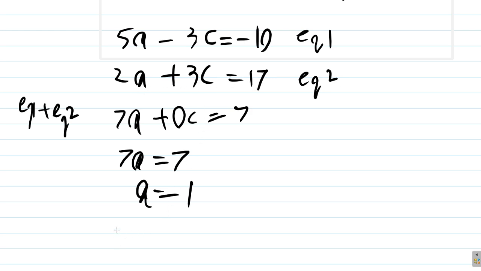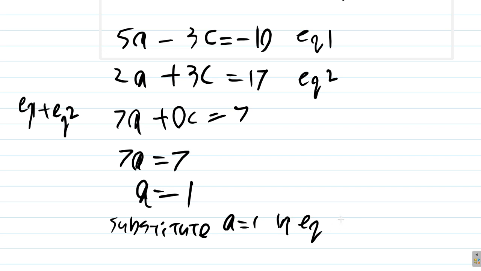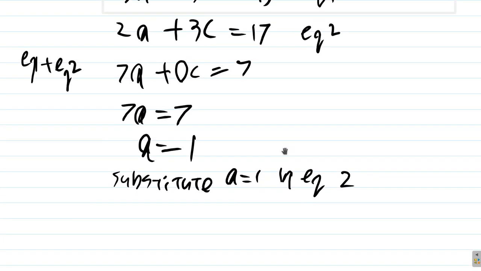Now let's substitute a equal 1 in equation 2, because it doesn't have any negative. Easier to deal with just positive numbers. So 2 times 1 plus 3c is equal to 17.